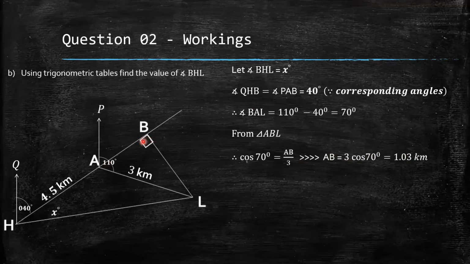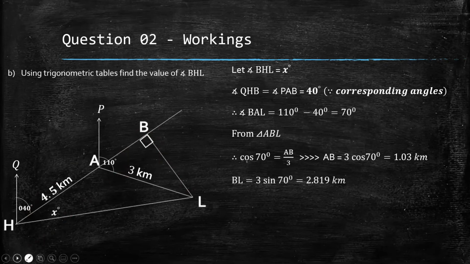So once you know the value of AB, you can get the value of BL. According to this angle X, you know the adjacent side now. Now you need to find your opposite side. The opposite side can be taken from sine 70.